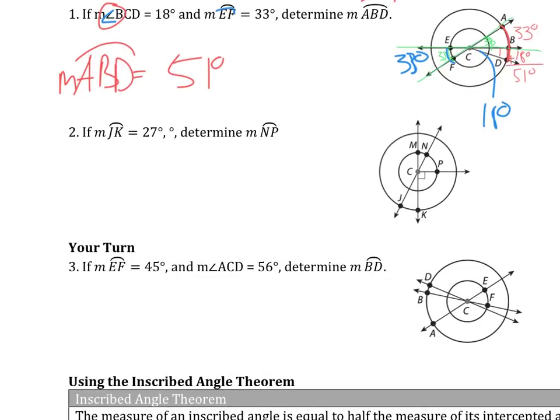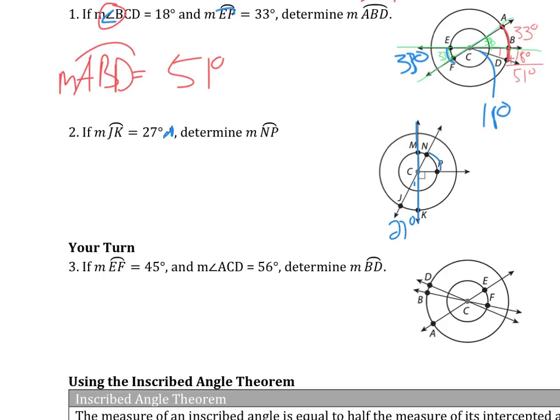Okay, let's look at number 2. So number 2, they give us the measure of arc JK is 27 degrees. And that's a typo there, that shouldn't be there. So we want to determine NP, we want that portion right there. Well, again, if this arc is 27, that means this angle is also 27.